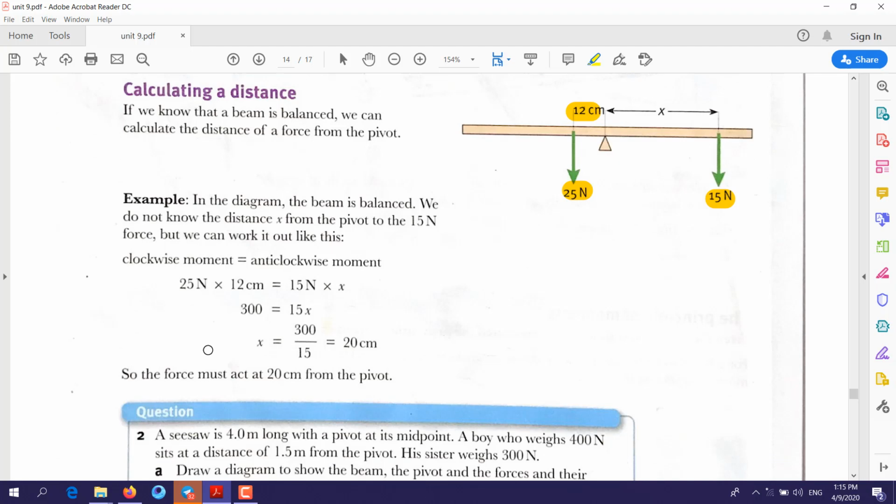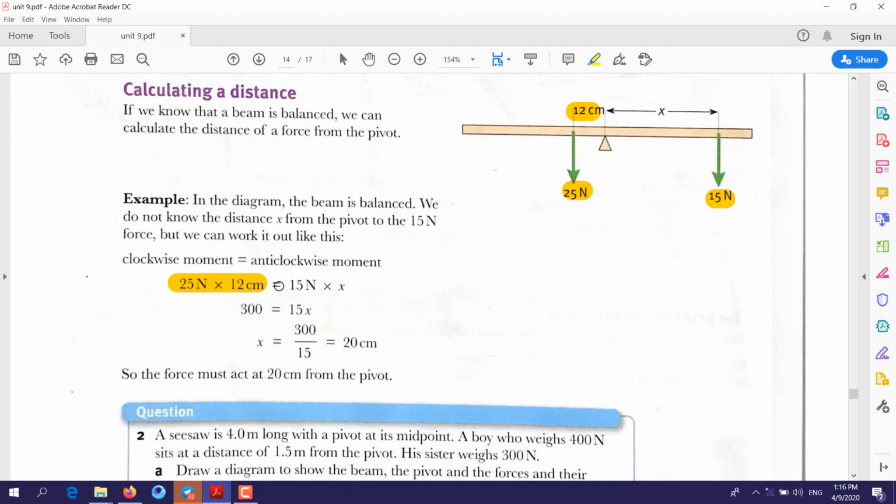What you will do is write the formula of moment, which says force times distance. So, 25 Newton times 12 for this part.